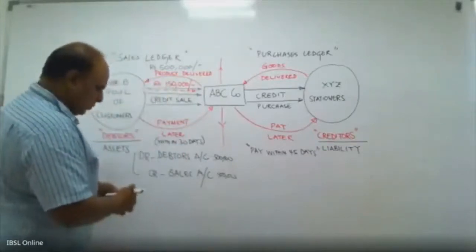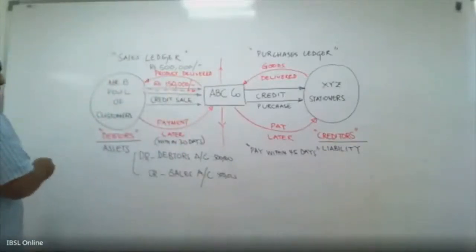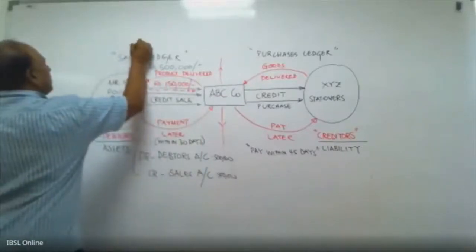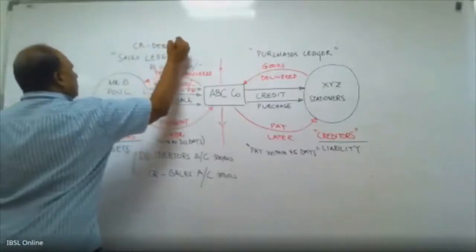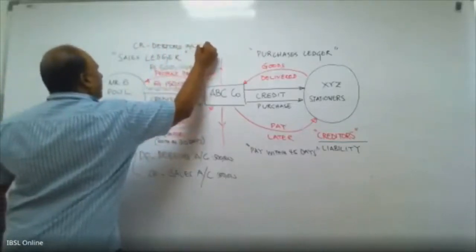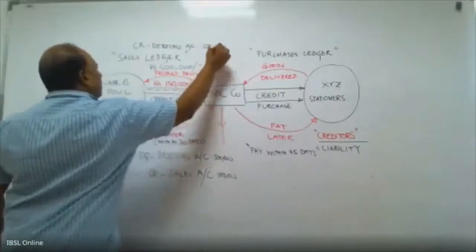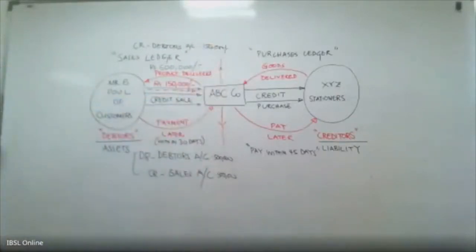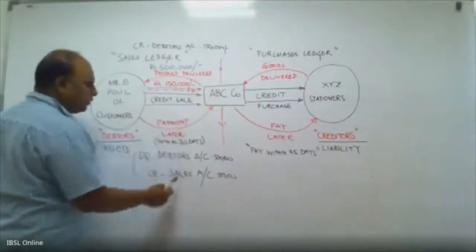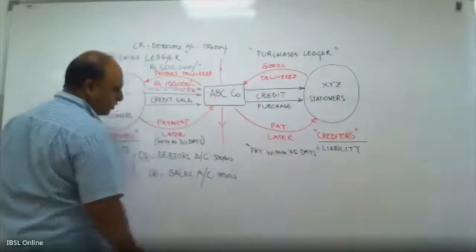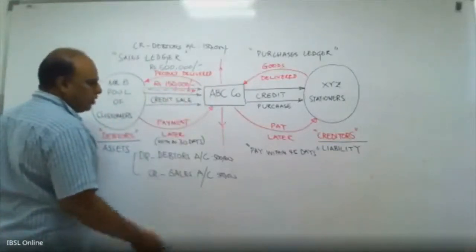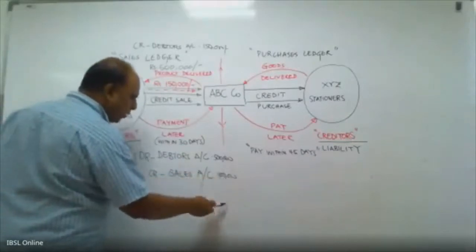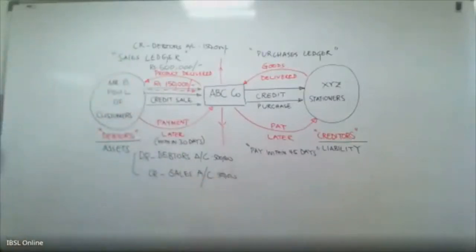So what will you do? You will reverse the debtors by 150,000. Similarly, initially you did a sale for 500,000. Now it is not 500,000 because 150,000 returned, so this also needs to come down by 150,000.